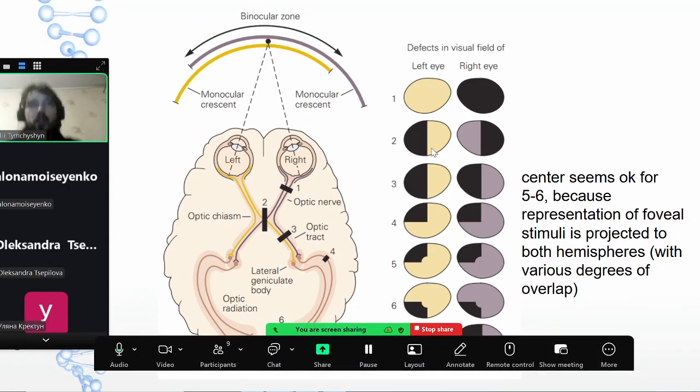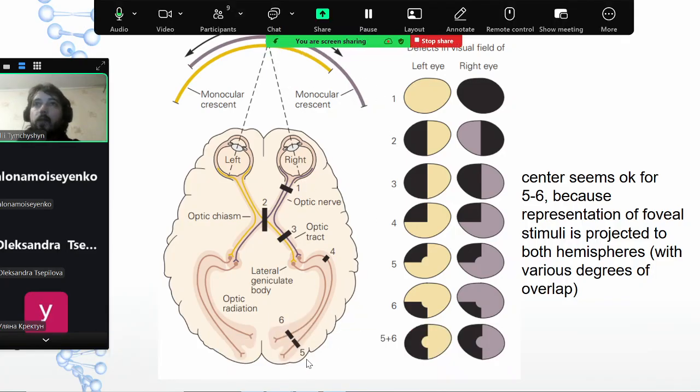Here is one more mapping of how the information gets from the eyes to the visual cortex, and what happens to the visual field in case anything is broken. If we have some damage to the nerves somewhere along this path, different parts of the visual field may be lost.